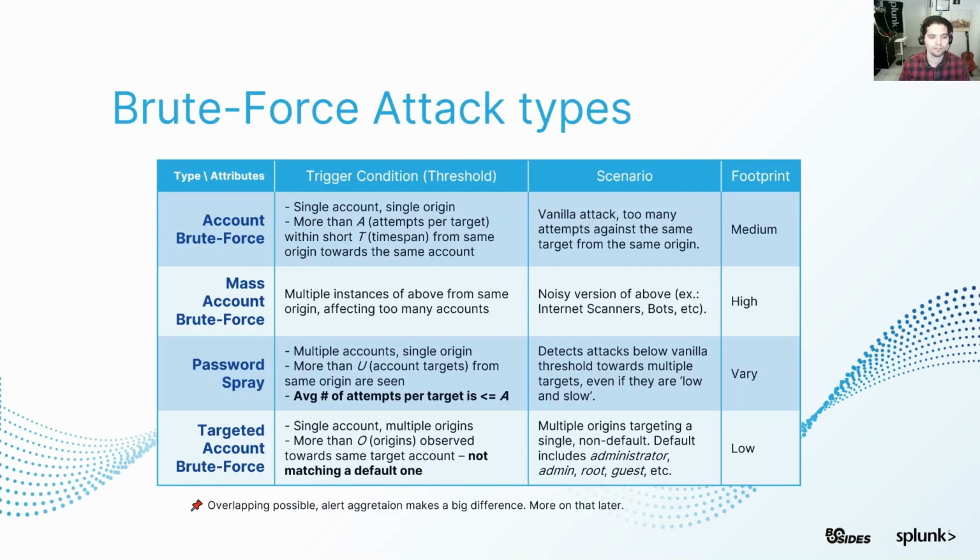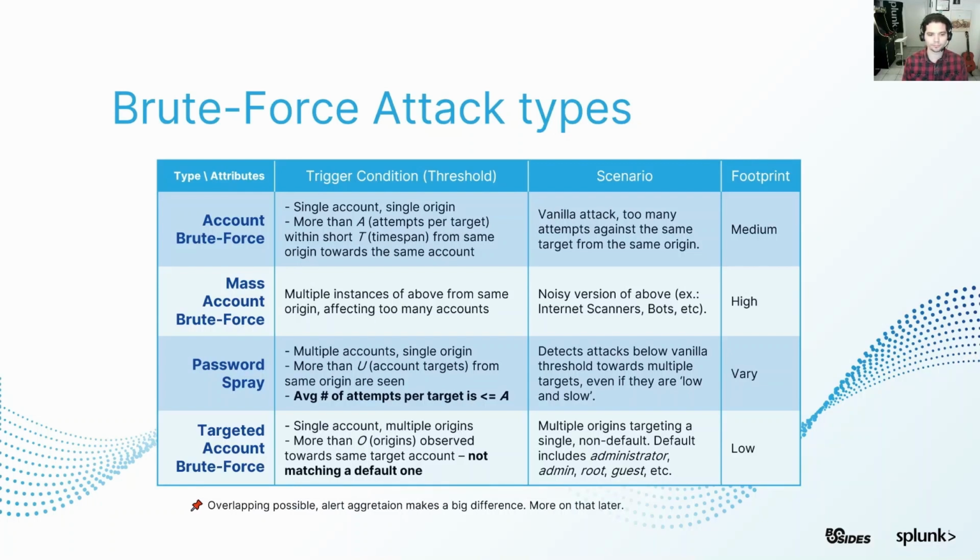We also have a more, let's say, modern approach for this kind of brute force attack, which is called password spray, when multiple accounts are involved and it's always coming from a single origin, right? We have more than a certain number of targets coming from the same source IP or same hostname.